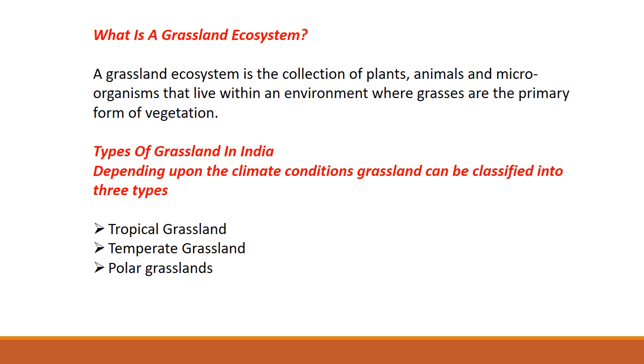The low rainfall prevents the growth of a large number of trees and shrubs, but is sufficient to support the growth of grass cover during the monsoon. Many of the grasses and other small herbs become dry and the part above the ground dies during the summer months.